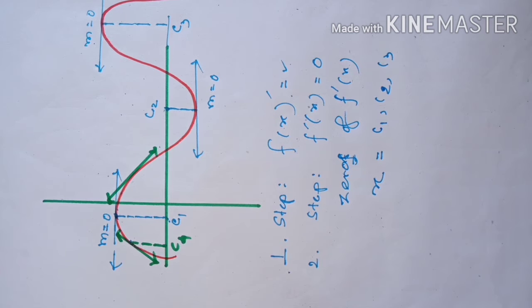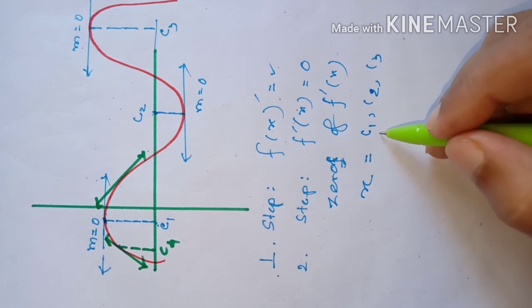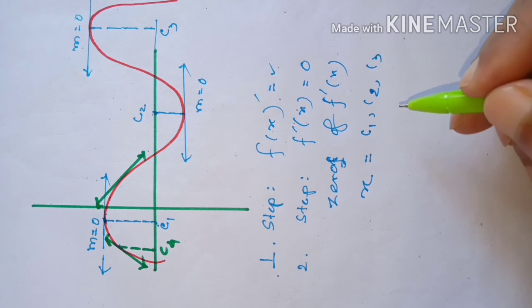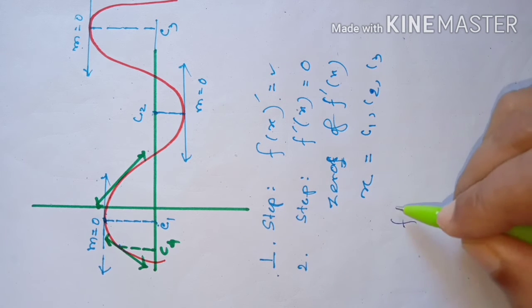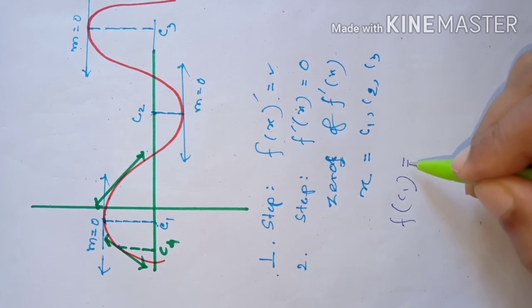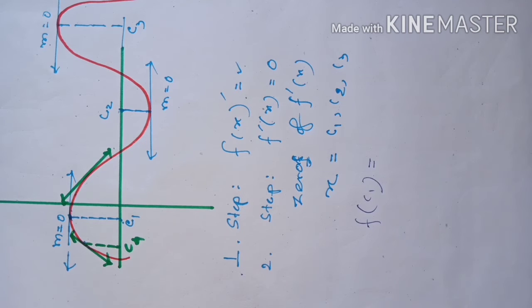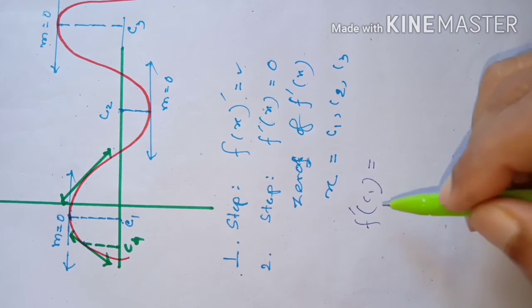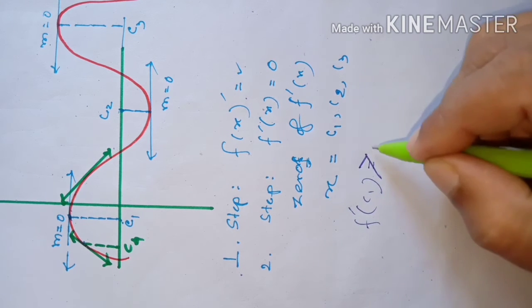Now, to know whether the function gives a maximum value or a minimum value at these points, you can easily find out. Suppose f dash C1 is a value greater than 0, suppose.